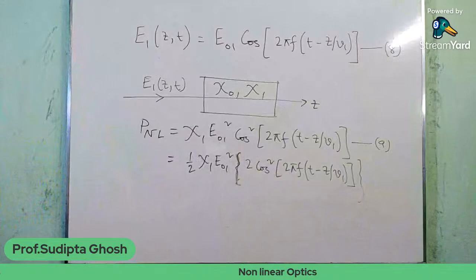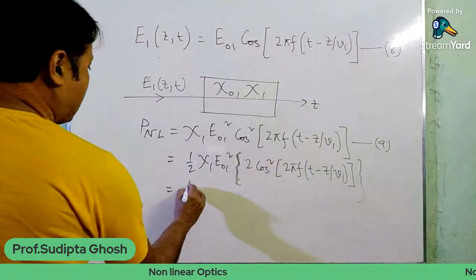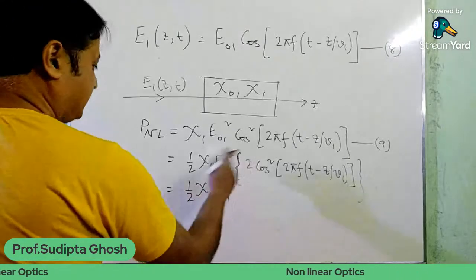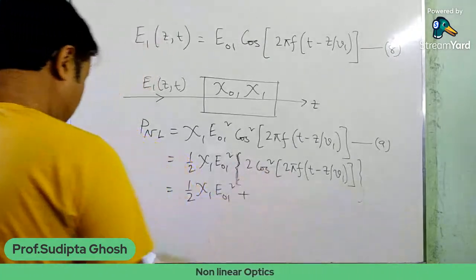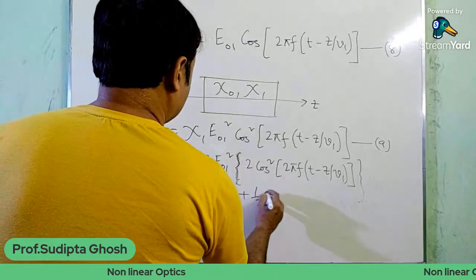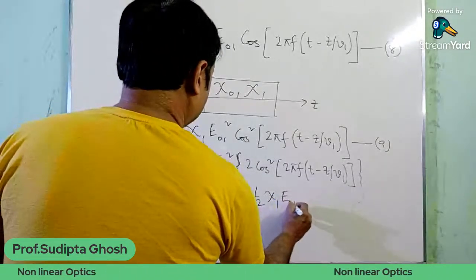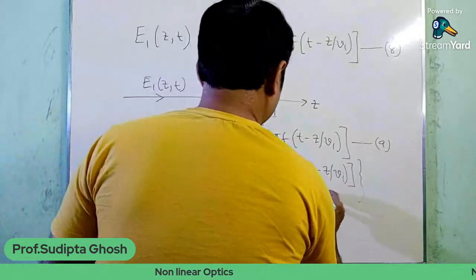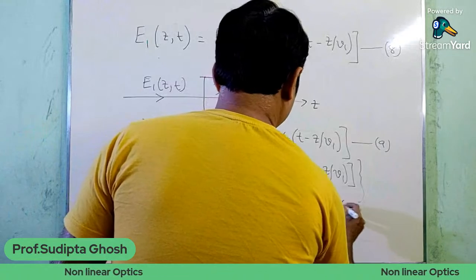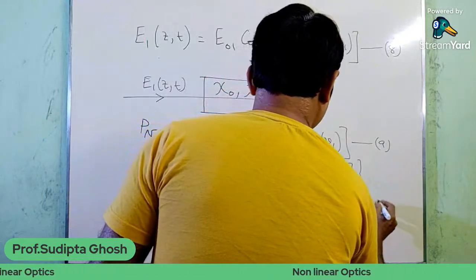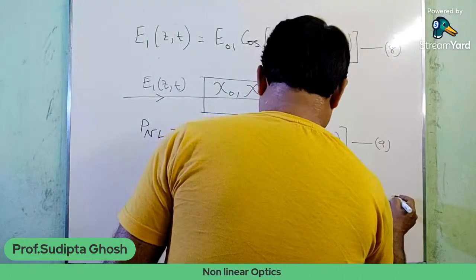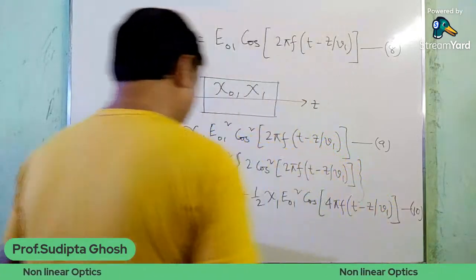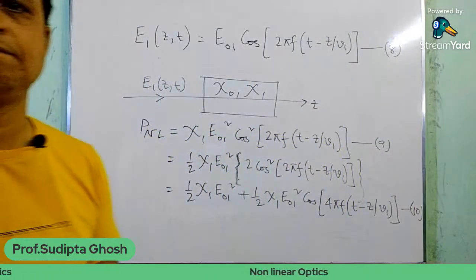So we have half of chi1 E01 square times 1 plus cos 2 theta, that means half chi1 E01 square, then cos 2 theta, that means cos 4 pi f into t minus z by v1. Is it okay? This will be our equation number 10, right?